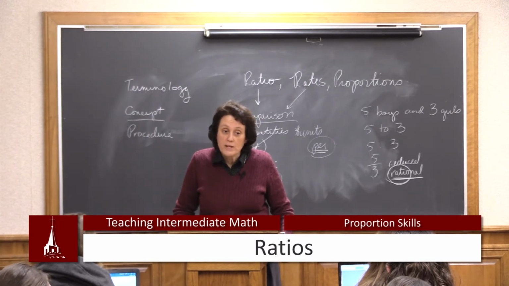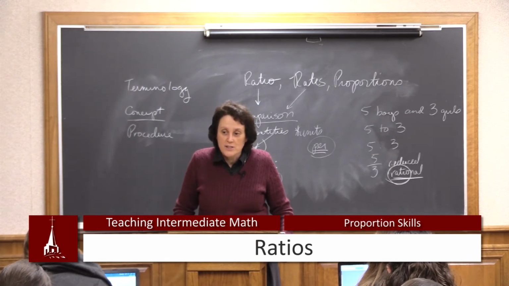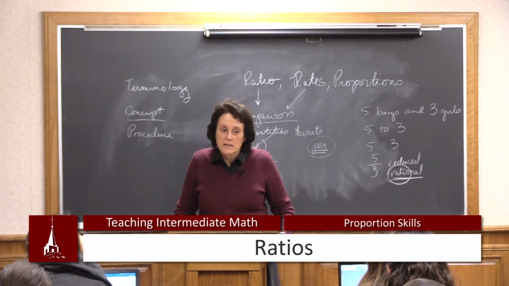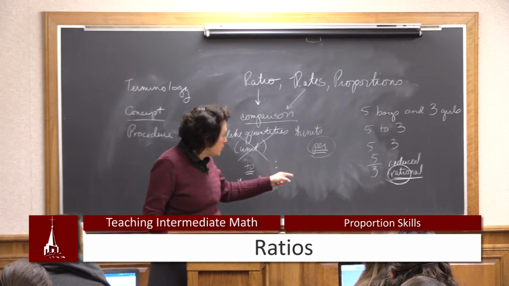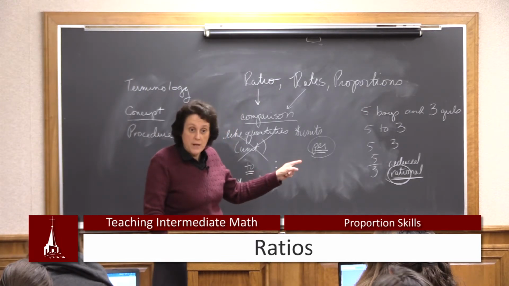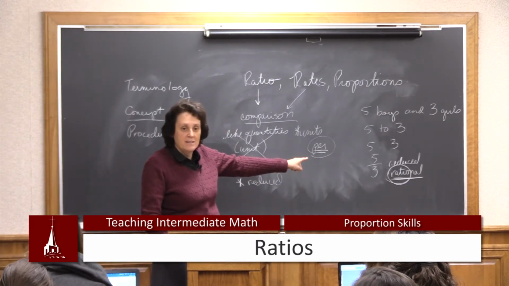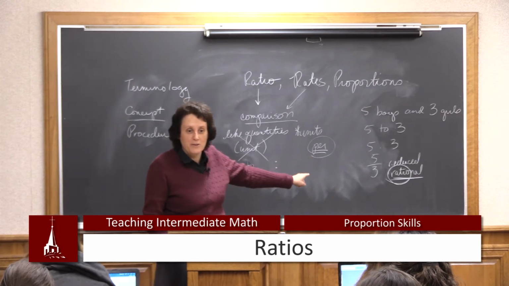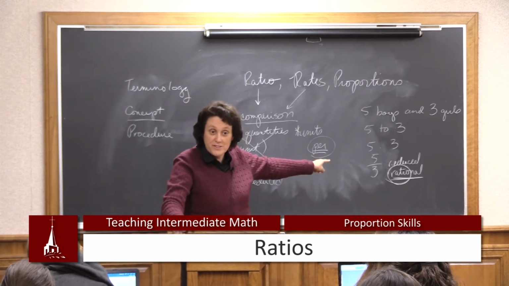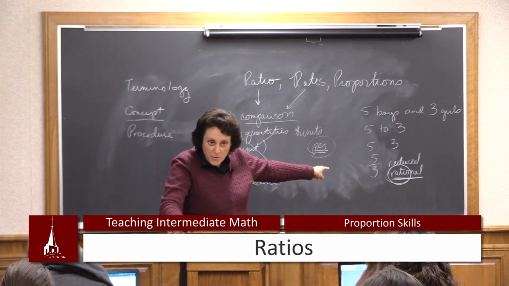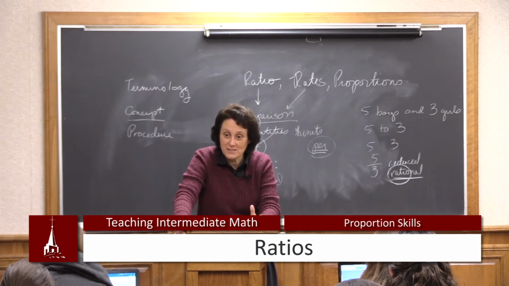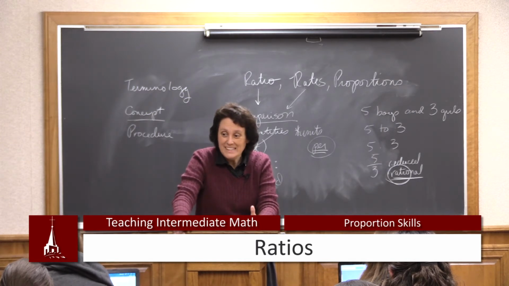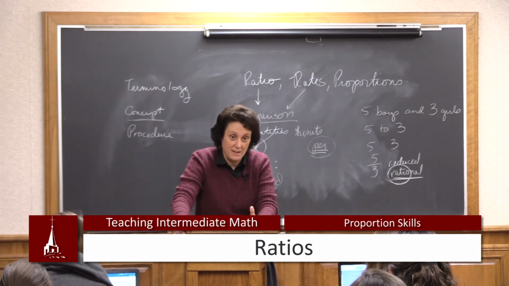So frequently with rates, we're going to use the units and we're going to say miles per hour, but not with ratios. Ratios will be put in reduced rational form. So if you've trained your students very well, they're going to really want to turn that into 1 2/3. But that's not rational form. So there is a tether to fraction math, but really not as much as you might think.